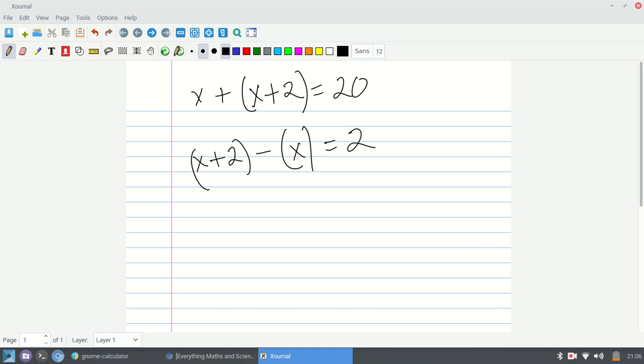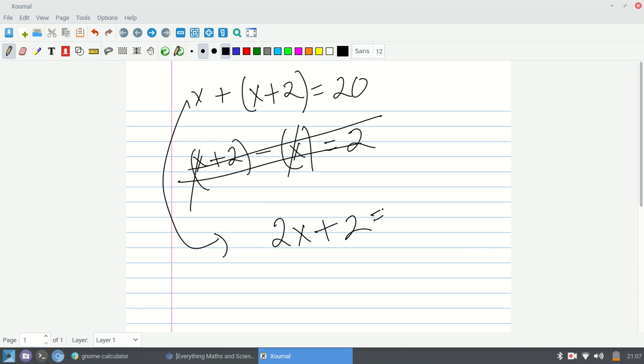So let me see if this even works. The difference: x plus 2 minus x, so the x's cancel and you get 2 equals 2, which is left side equals right side. It's an identity, really. But the sum will give you 2x plus 2 equals 20.